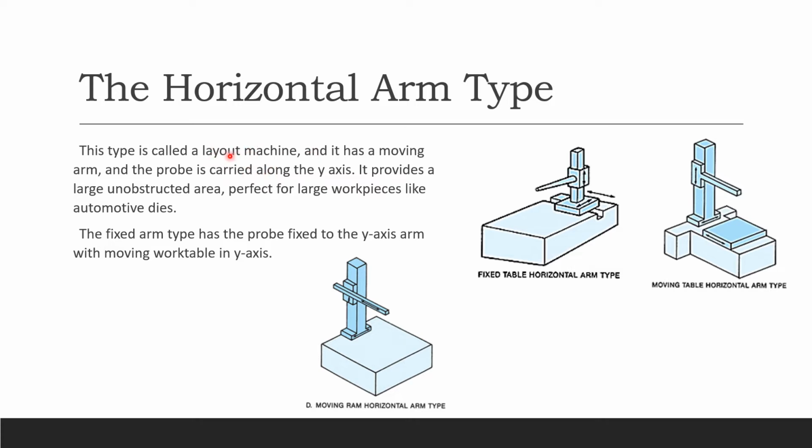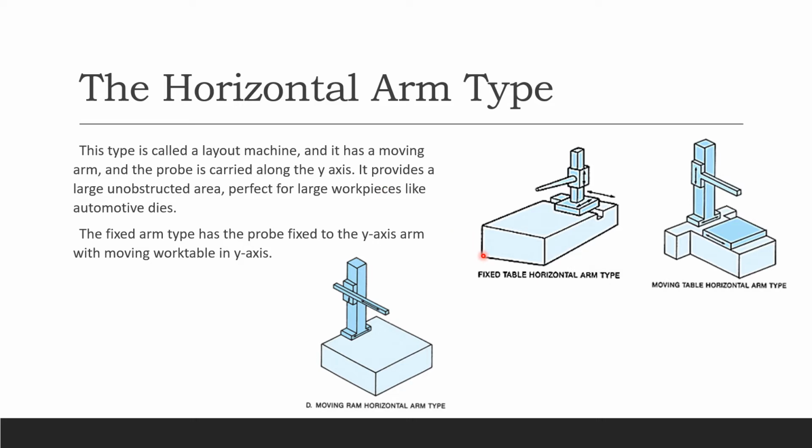Anyway, layout, always remember 3D. The layout machine has a moving arm, and the probe is carried along the y-axis, and it provides a large unobstructed area. It's really perfect for large work pieces like automotive dies, things like that.